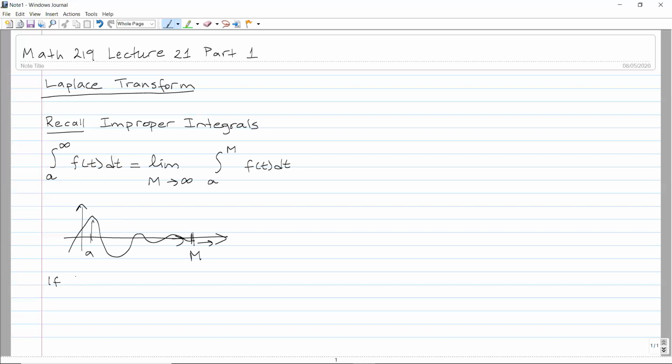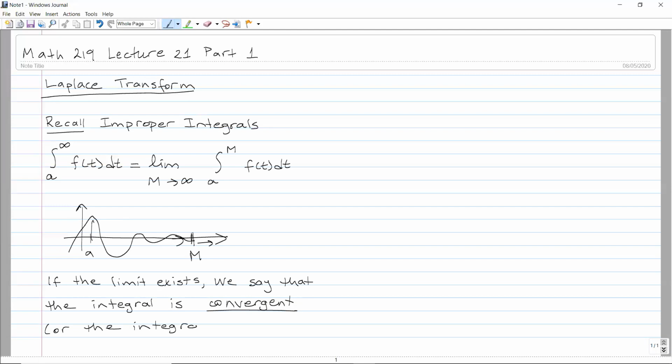If the limit exists, we say that the integral is convergent, or the integral converges to this limit.